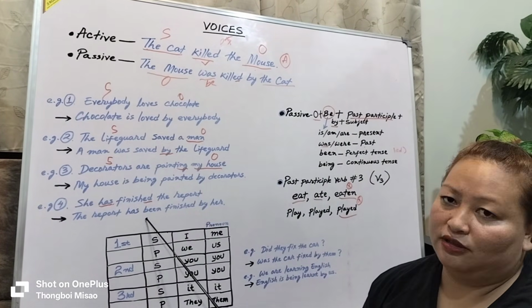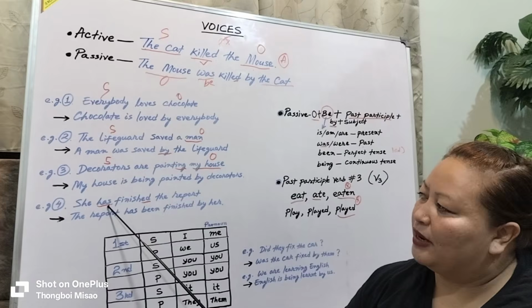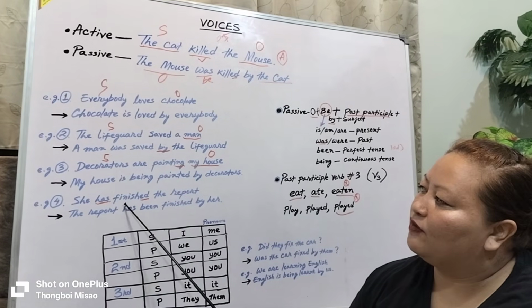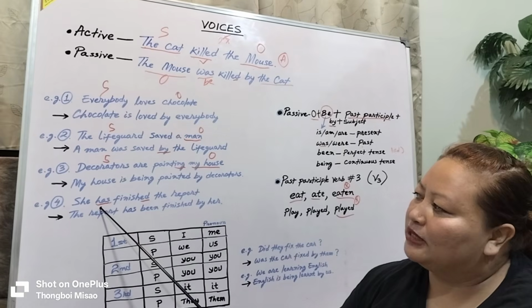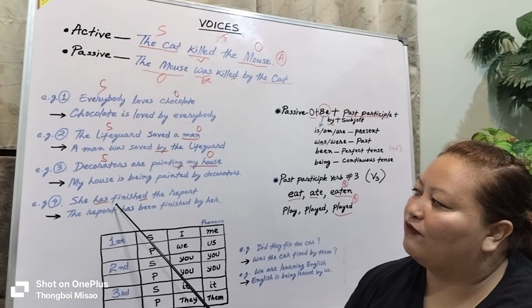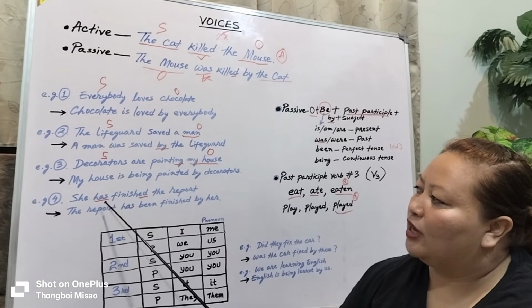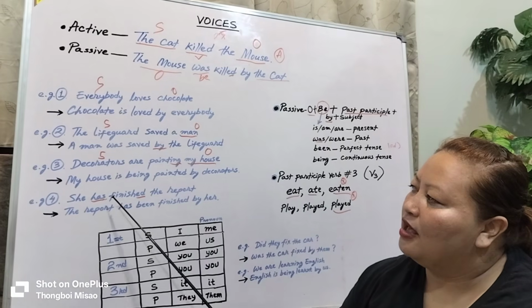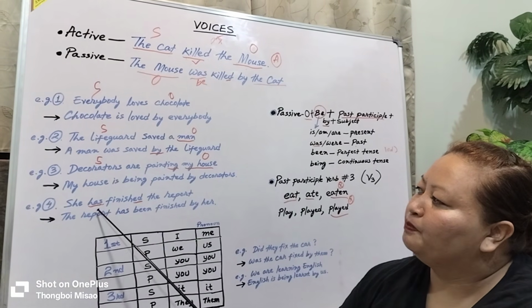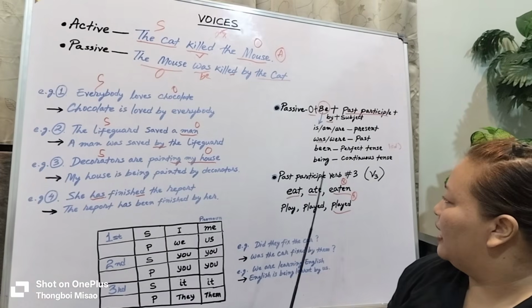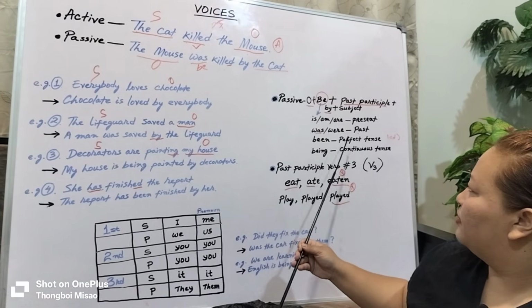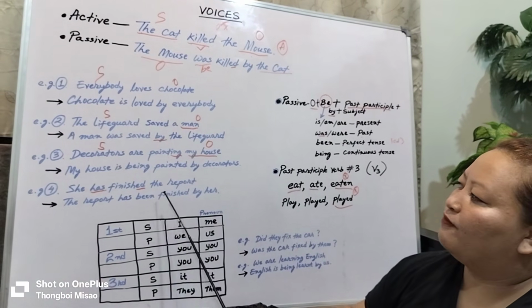"Has finished" is present perfect; "had finished" is past perfect. The perfect tense formula: "been". The report has been finished by her.